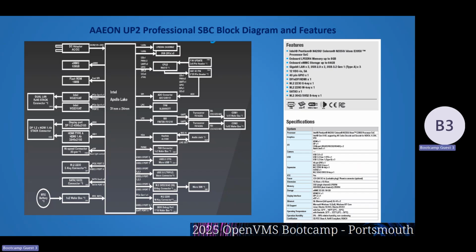I had one that I actually took the heat sink off so you can see where the CPU chip is. The Intel system on a chip is underneath this big honking heat sink. It's got a SATA data connector on it. It has a 40-pin hat connector. We'll get to what that is. It's got Ethernet ports and stuff on it. Really bummed that I didn't bring the little board with me.